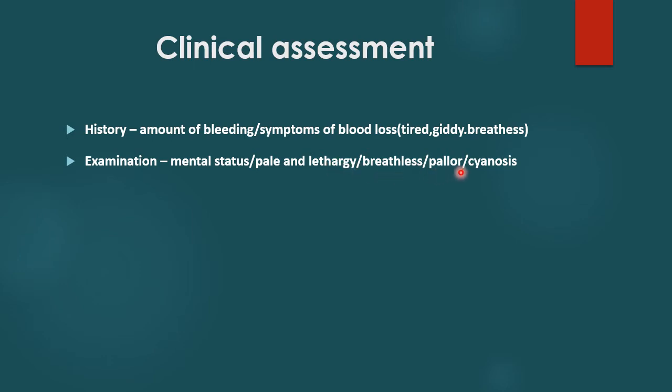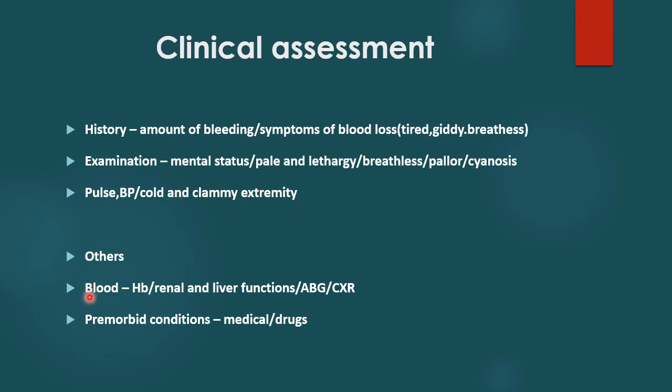Breathlessness and cyanosis are all very important parameters in the clinical assessment of a patient with lower GI bleed. Then comes the pulse rate, the blood pressure, and cold and clammy extremities, which must be assessed. All these are very important, and assessment must be completely done in the emergency department.